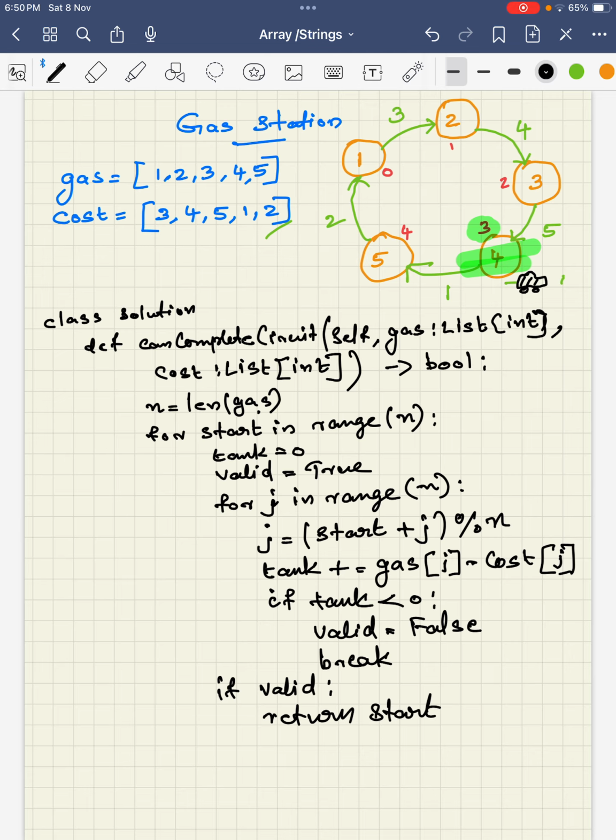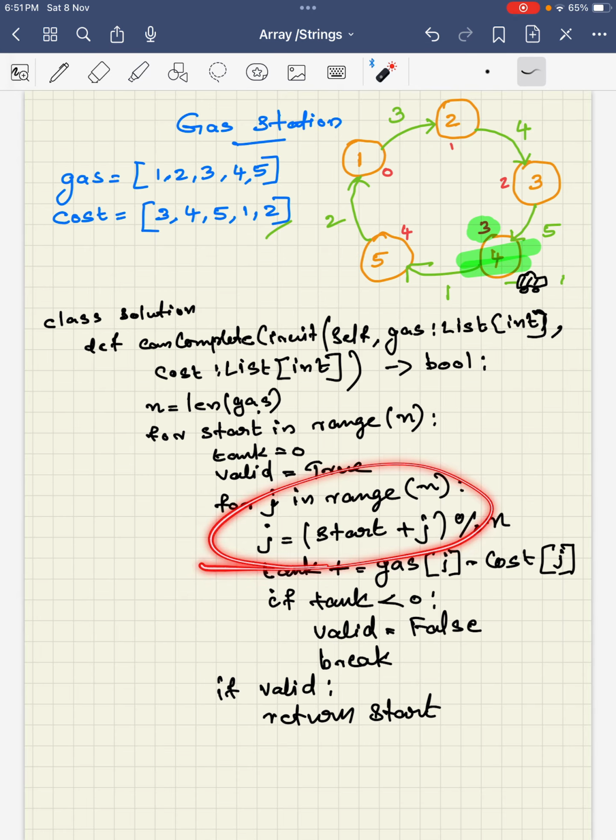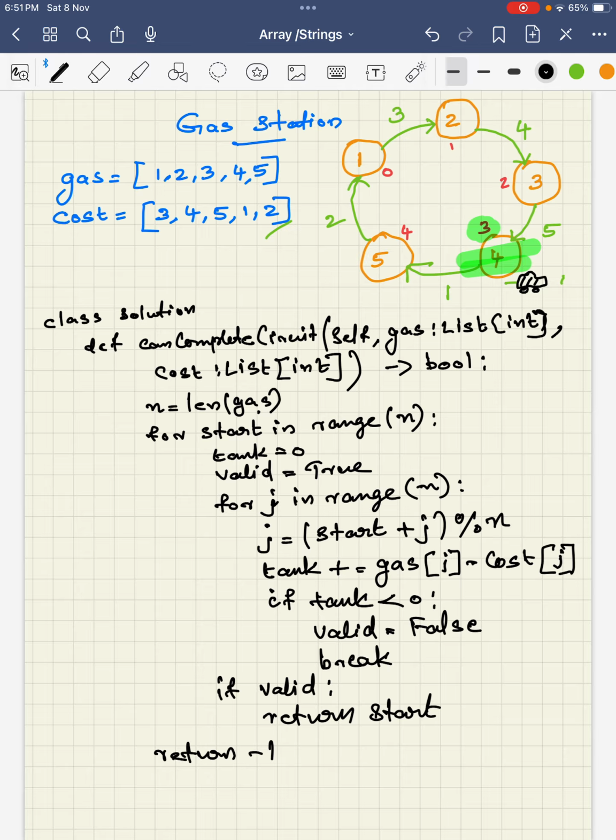In that case we don't need to change the starting point and check again, because it's mentioned that there exists only one solution. And even after going through every starting point and every journey, if you did not get any solution, then you have to return -1.